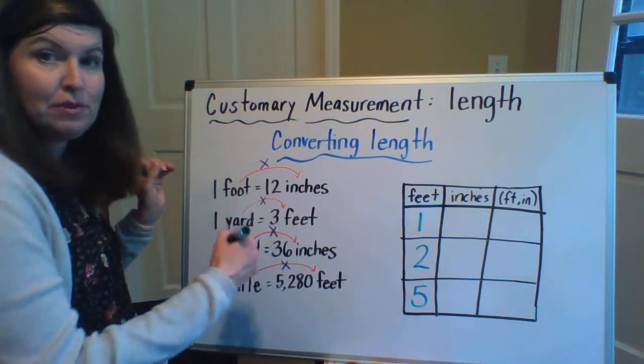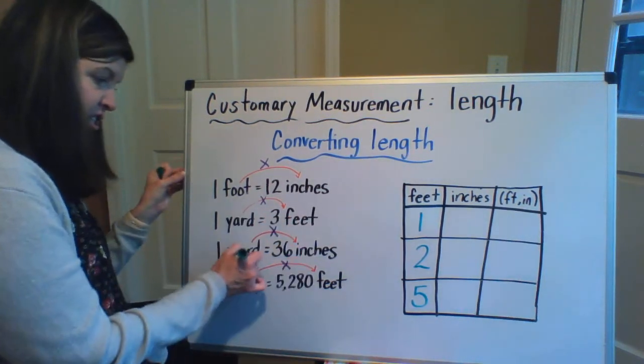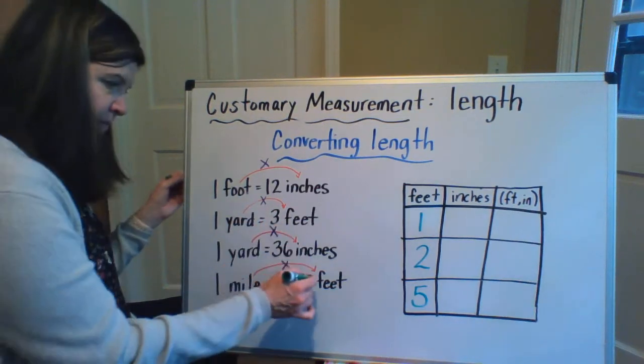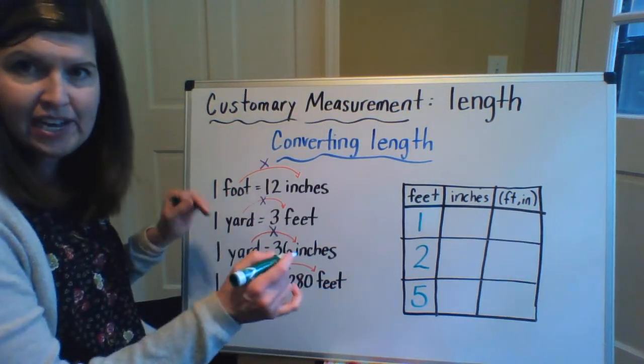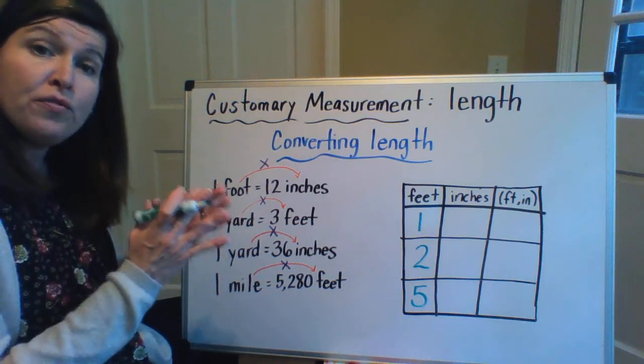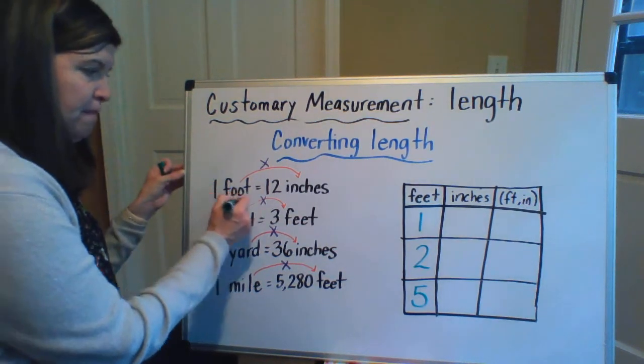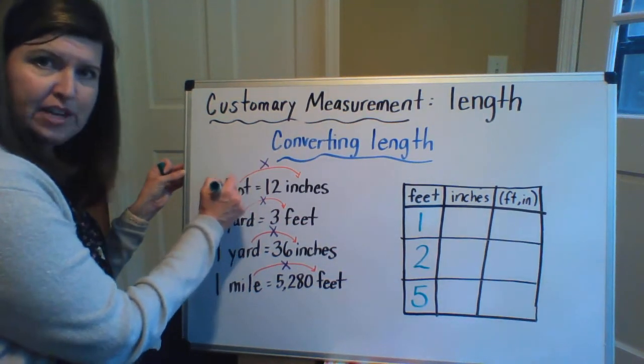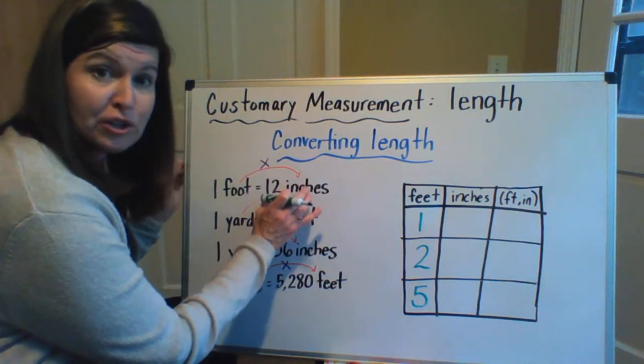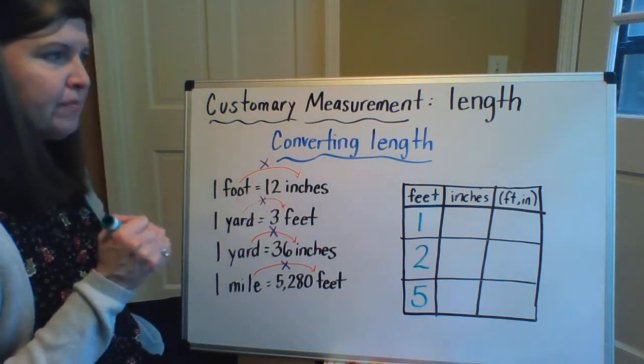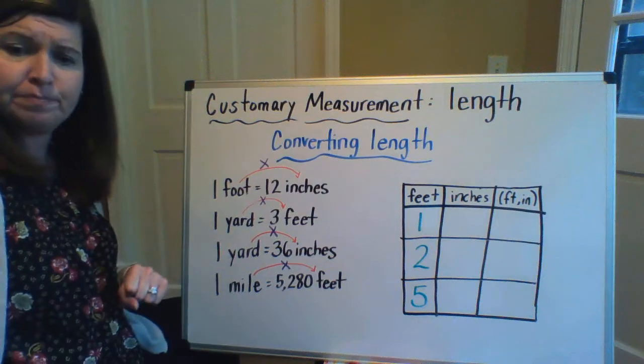Feet to yards, I would divide. Inches to yards, divide. Feet to miles, divide. But today the whole focus is going from that bigger unit of measurement to the smaller unit by multiplying.